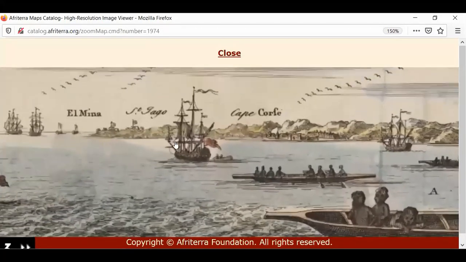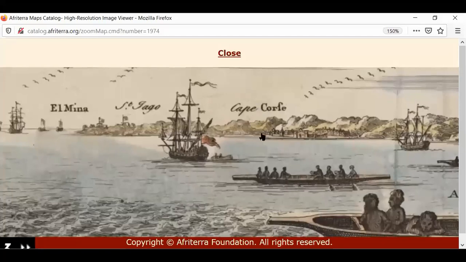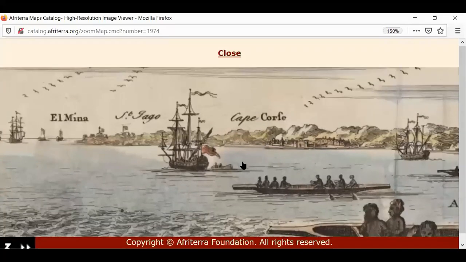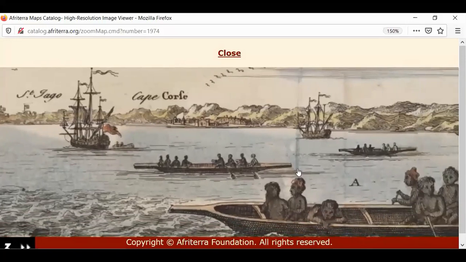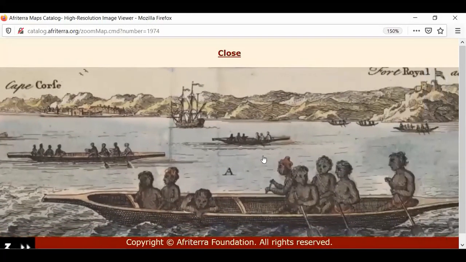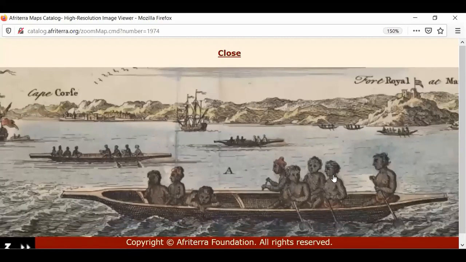Look at each one of these local representations of the Cape Coast Castle, San Iago, Elmina. All of these are represented. These are not photographs. They are representations.